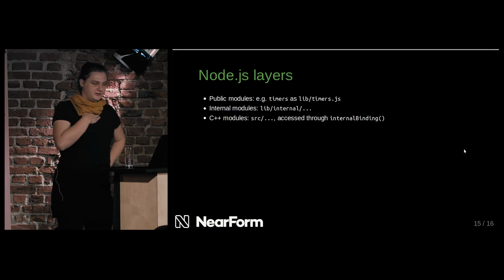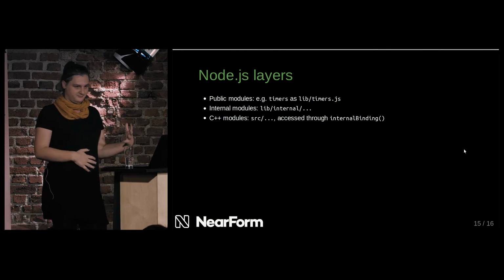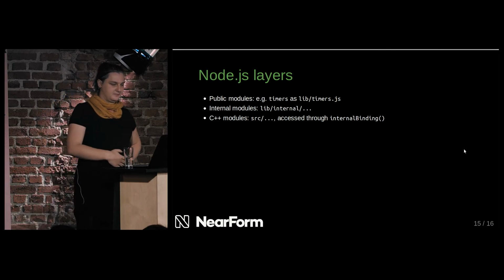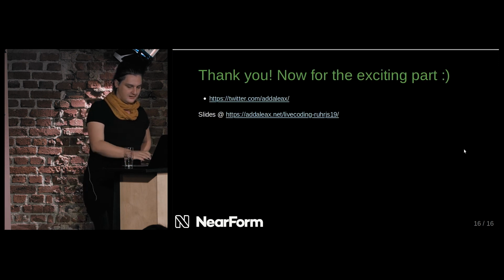We have some internal modules that you cannot require externally, the lib internal something.js. And we have the C++ modules that are also not publicly accessible unless you explicitly do that for testing. They live in the source folder in Node.js.